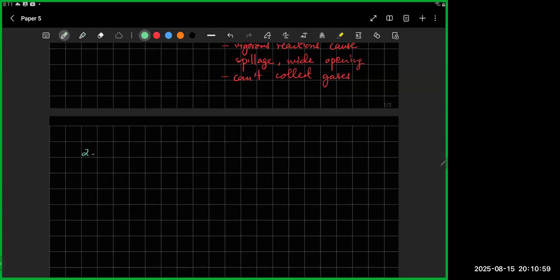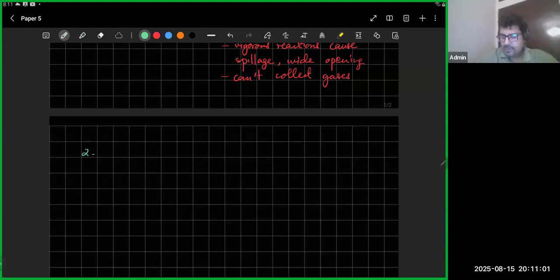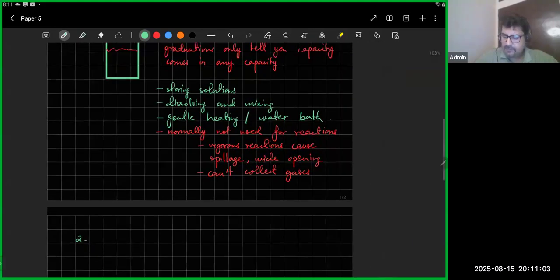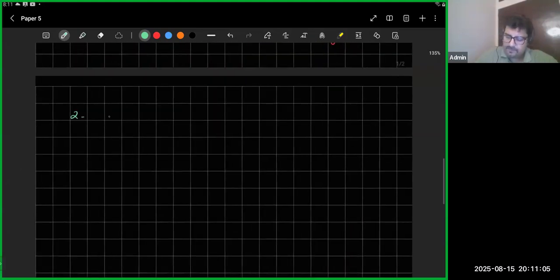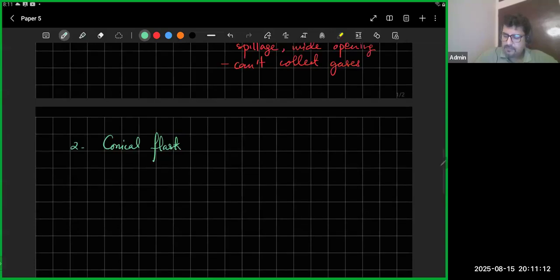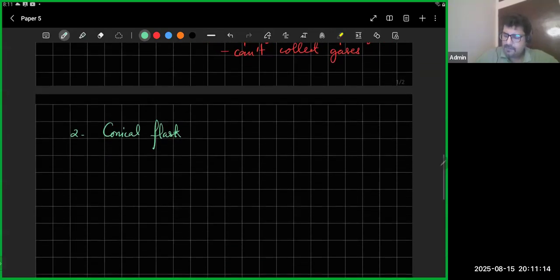अच्छा, second one. The second one is beaker के बाद क्या है? You've got a conical flask. अच्छा, कुछ drawing with heating के अंदर I'm going to draw. अच्छा, now you've got a conical flask.